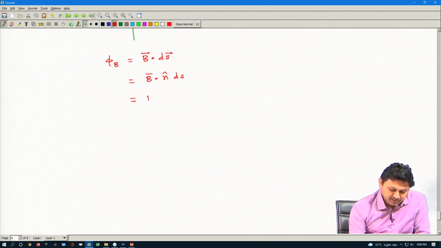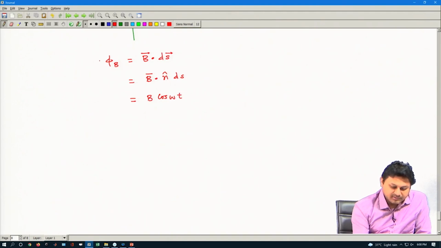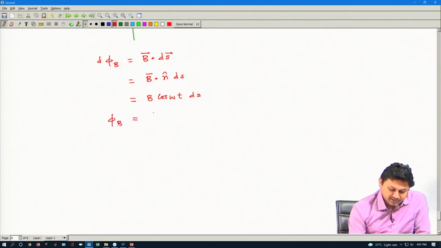So, it should be B cos of omega t multiplied by dS. If I want to find the total, I need to integrate over the entire surface. So, it should be B multiplied by the surface S, and cos of omega t.